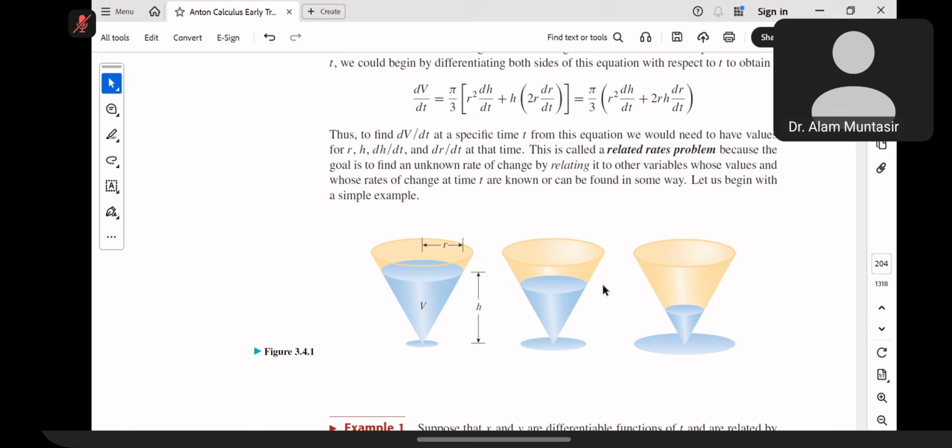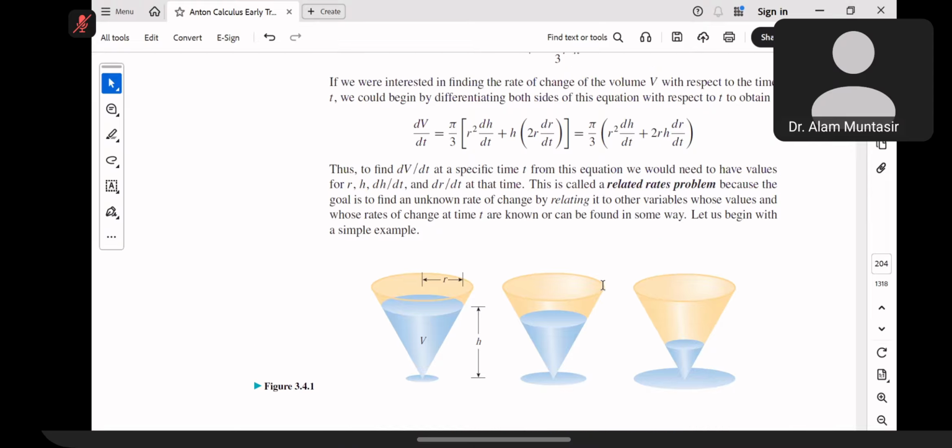So now related rates means if you want to calculate or trace out the rate of change of its volume, that means dV/dt, then it is necessary to calculate the rate of change of its height as well as the rate of change of its radius.